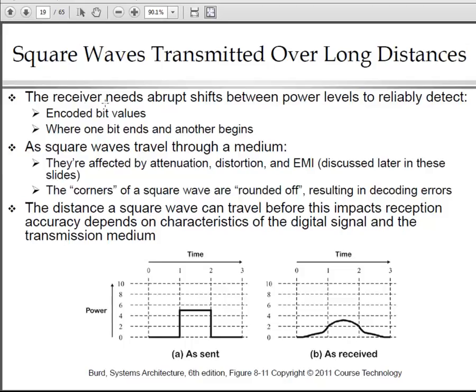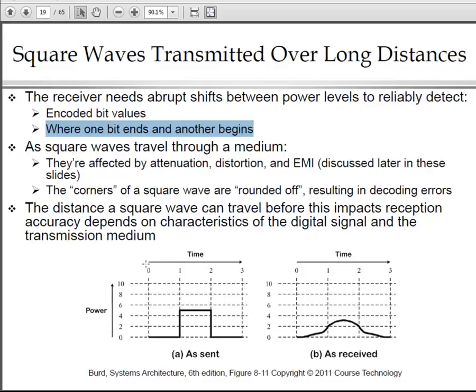So let's first come back up to the issue of what does the receiver need to be able to do. The receiver needs to be able to quote-unquote see an abrupt shift in power levels. So the power levels have to be far enough apart that it can see that shift. It will detect that difference, and then interpret that difference as a bit value, so high or low, 0 or 1. It also needs to know where one bit ends and another bit begins.